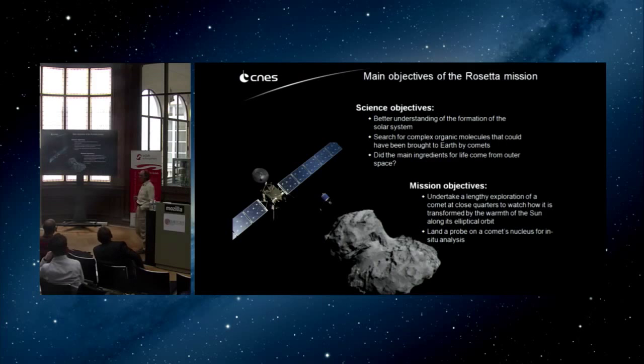So the main science objective of the Rosetta mission, as you now understand, is better understanding the formation of the solar system, and also to search for complex organic molecules that could have been brought to Earth when the comet passed next to the Earth, or when the comet hit the Earth in the past.